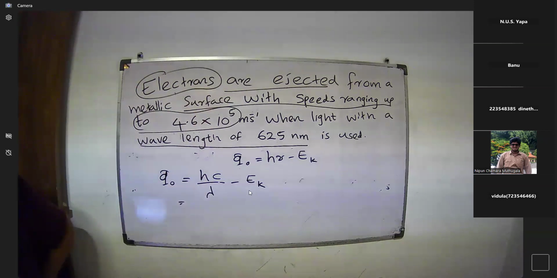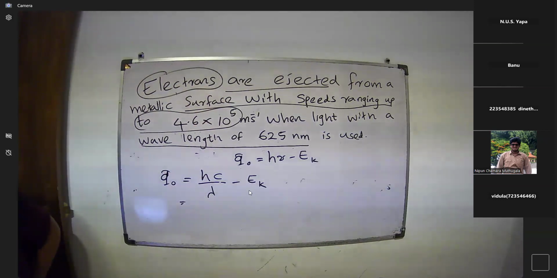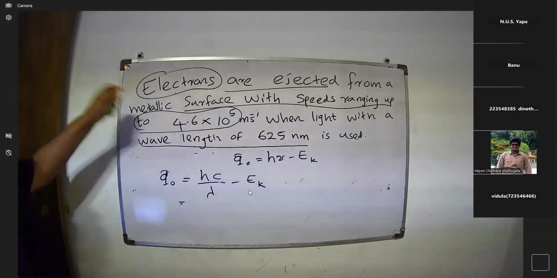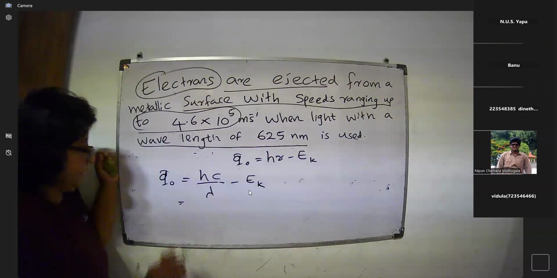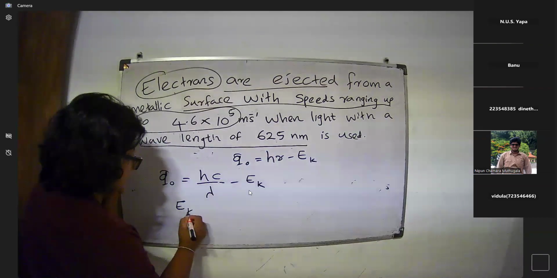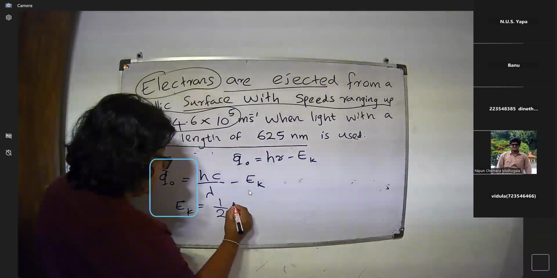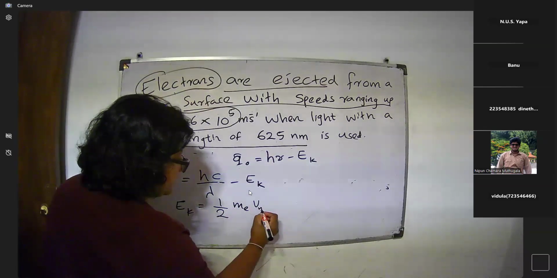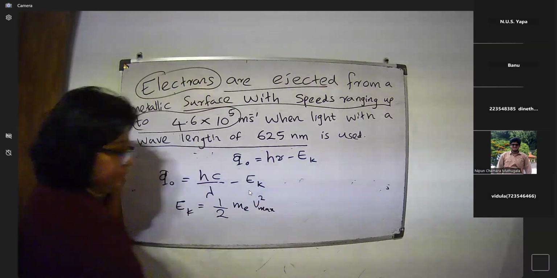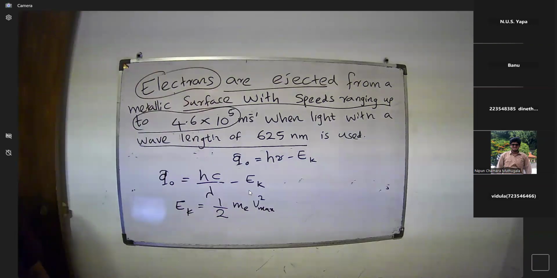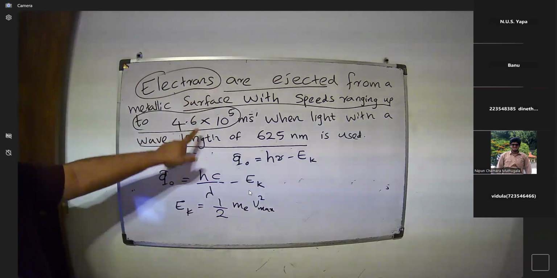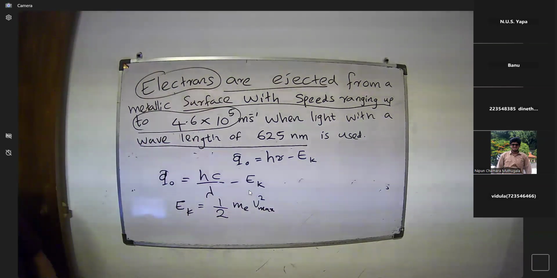Kinetic energy? V maximum is given. Maximum speed is given, right? So for electrons, the particle, we can find Ek equal to half m_e v maximum squared. Then m_e is the mass of the electron.